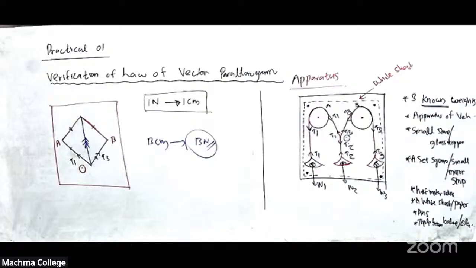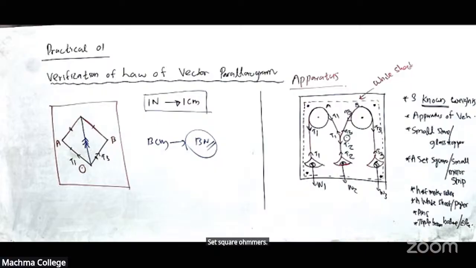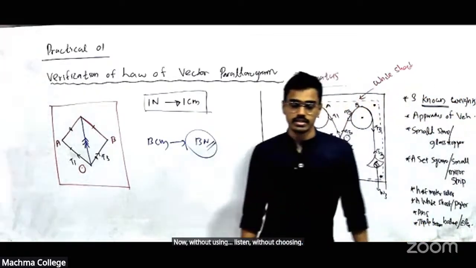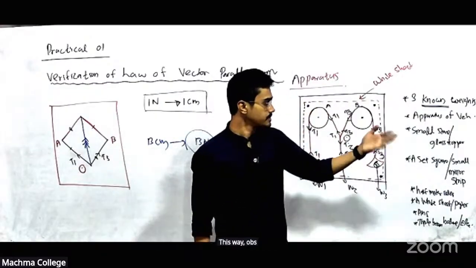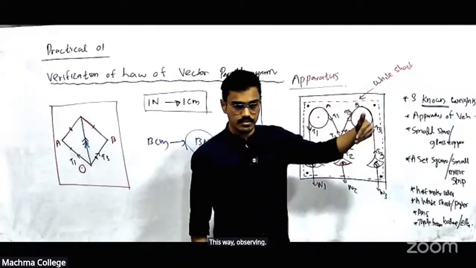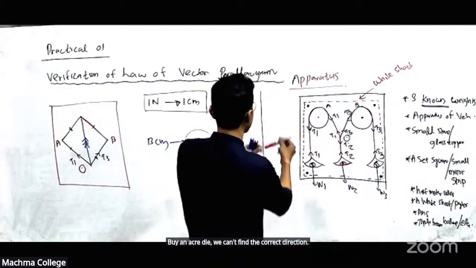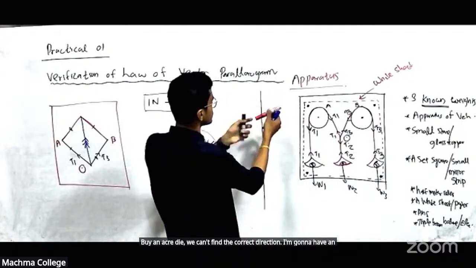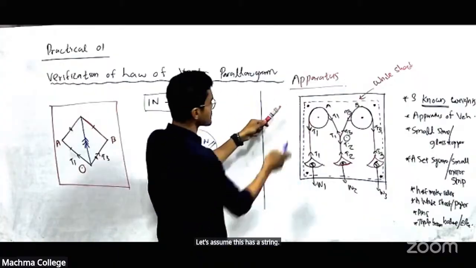Like what's the reason we are doing all of these markings, keeping the set square or mirror strip? Now without using a set square or mirror strip, just by observing a thin string by the naked eye, we can't find the correct direction. Let's assume this as the string, right?